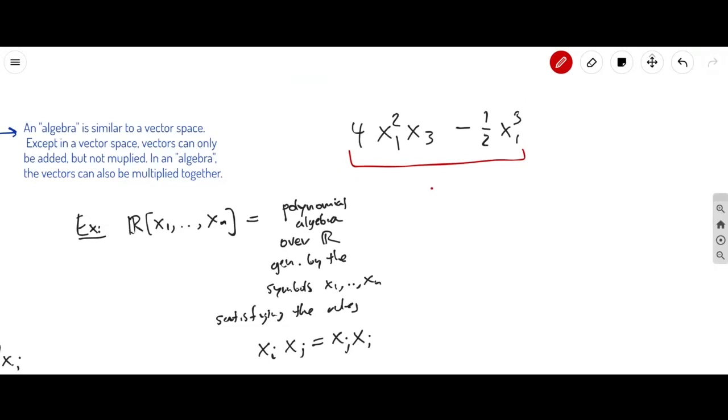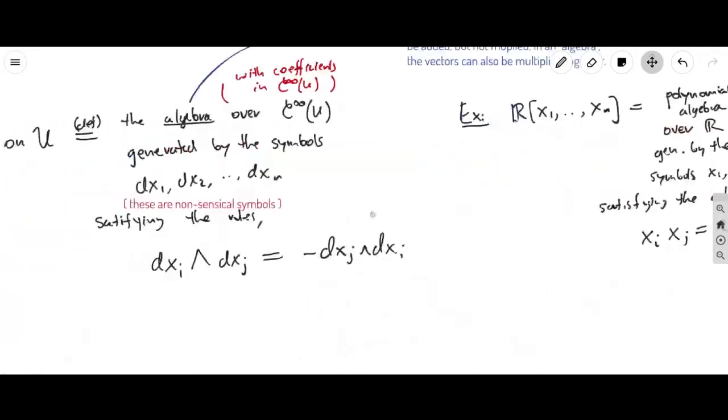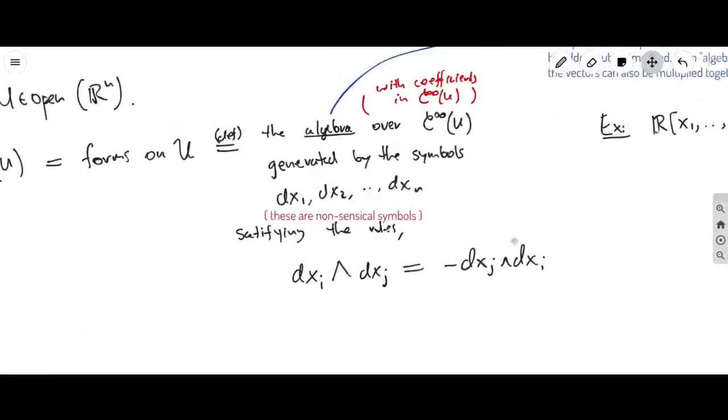And this entire thing, that's an element of your polynomial algebra, because this is like a vector. The vector can be multiplied by itself because it's an algebra. And you can add vectors together. So this entire thing is just an element of this polynomial algebra. And that's how this is going to look.